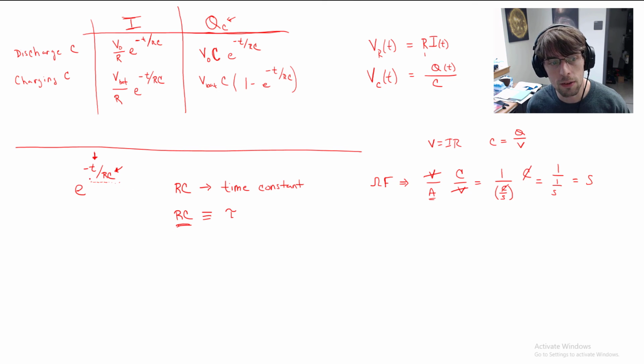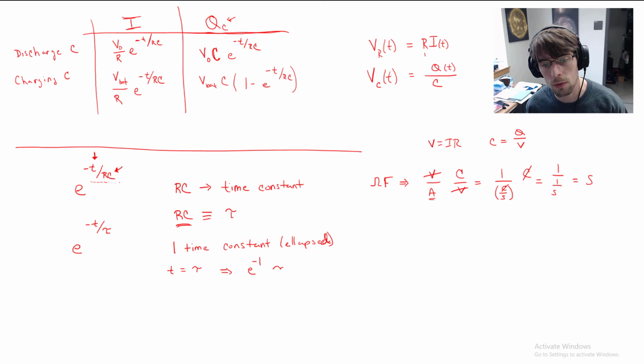And sometimes, rather than seeing it expressed as e to the negative t over RC, you will see it expressed as e to the negative t over tau. And furthermore, you will sometimes see one time constant elapsed. What this means is that t is equal to tau, and therefore you have e to the negative 1.